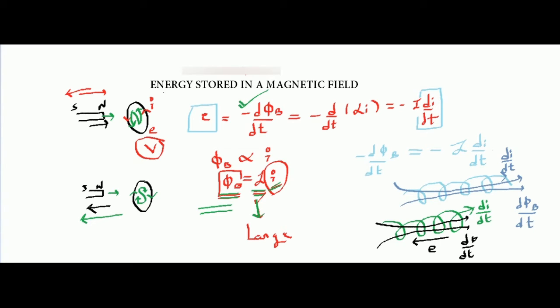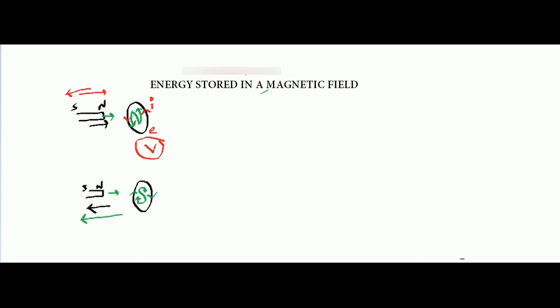So let me summarize what we have studied till now. Summary 1 is, if you have a circular wire and the magnetic flux passing through this wire changes, then in that circular wire there will be an EMF produced, and as a result a current will flow in the circular wire.